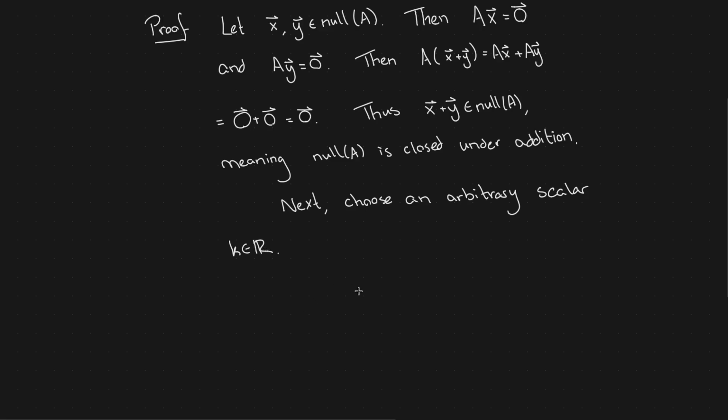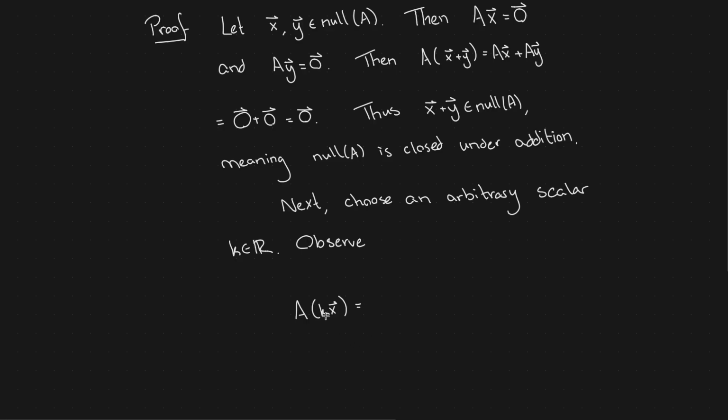Then I need to show that if I scalar multiply an element from the null space, it's still in the null space. In other words, I need to show that if I take A times kx, this is still equal to 0.